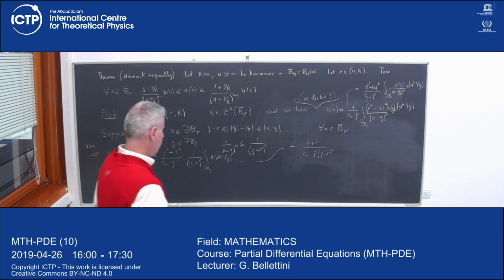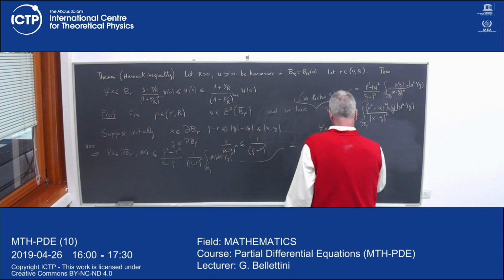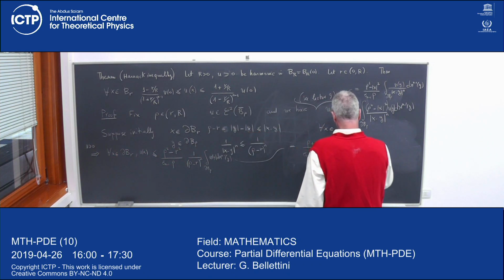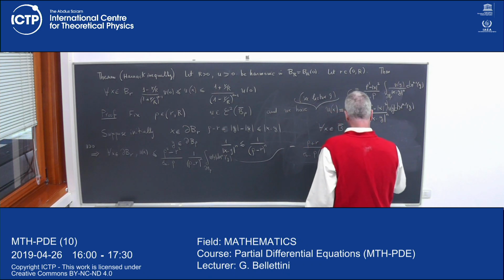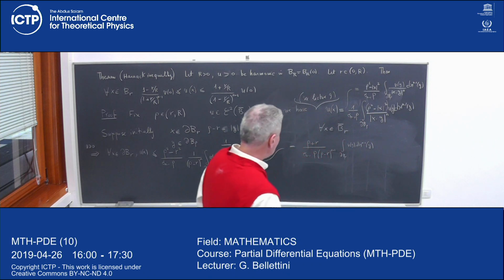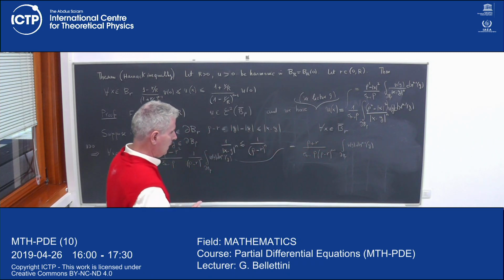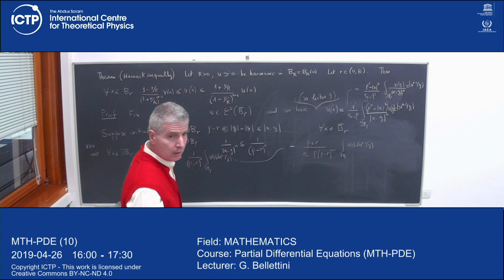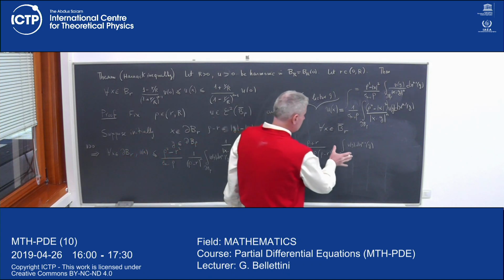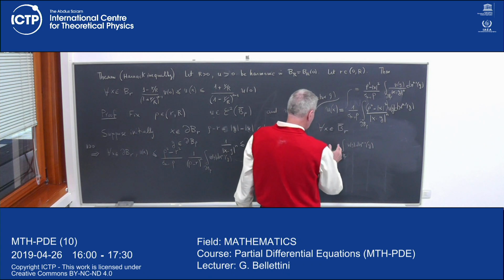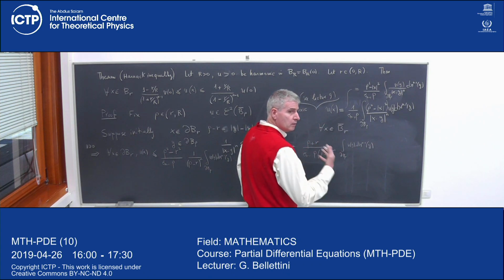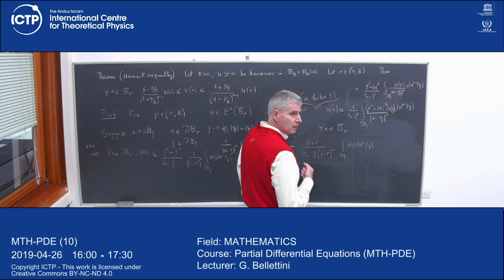And then I have the integral over the boundary of rho of u of y dH n minus 1 y. And now we know that u is harmonic, right? So it's natural to divide by rho to the n minus 1 and multiply by rho to the n minus 1 in order to use the surface mean value formula.